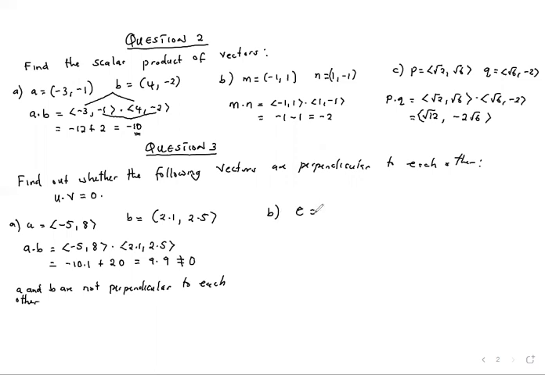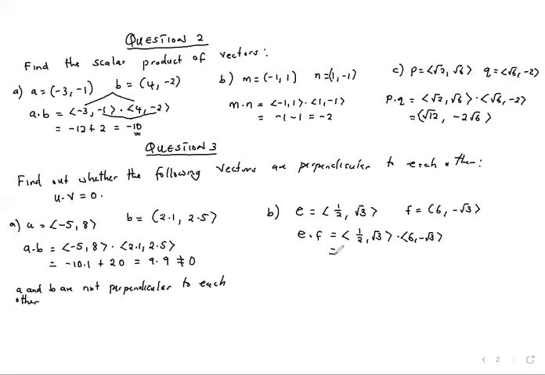B, E is equal to (1/2, √3). F is equal to (6, -√3). We check. So do E dot F, which is (1/2, √3) dot (6, -√3).